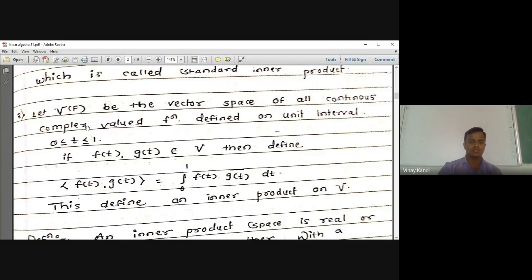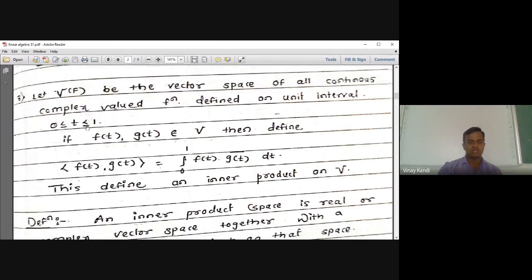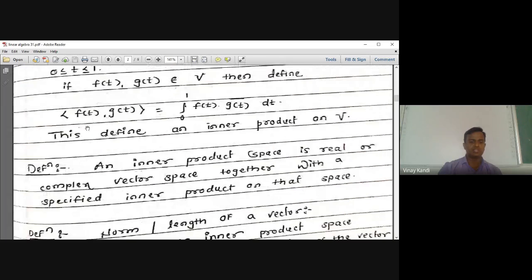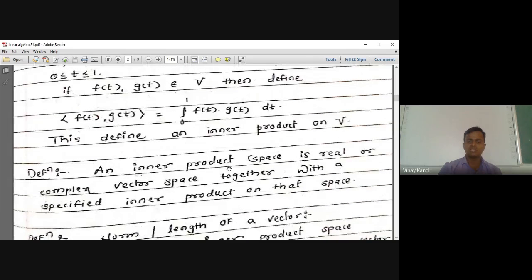Now one more definition is there. An inner product space is a real or complex vector space together with a specified inner product on that space. What does it mean? If the field is real, then it is a real vector space.